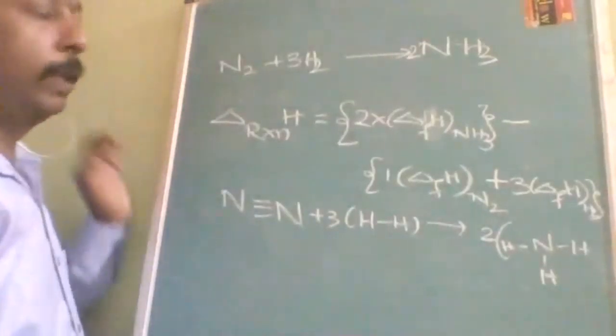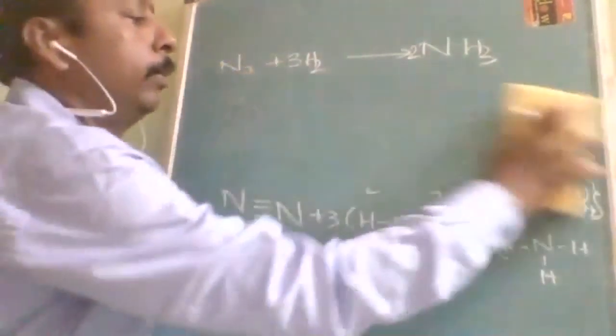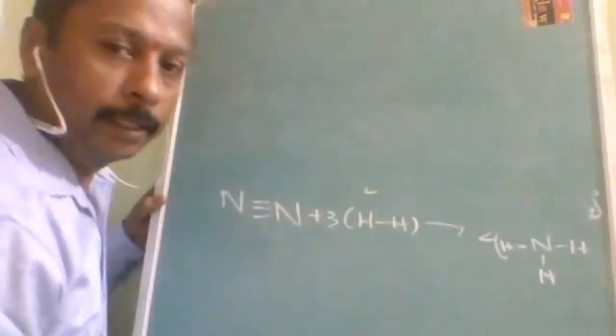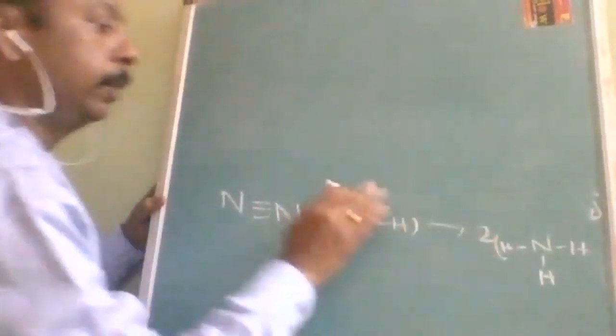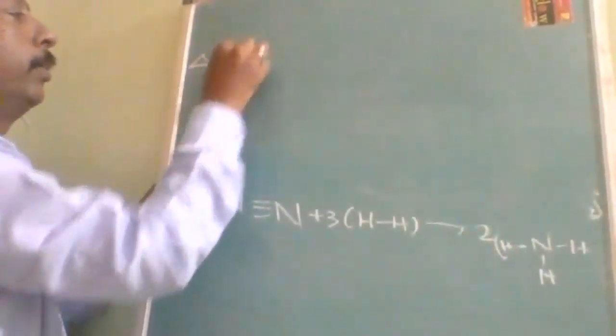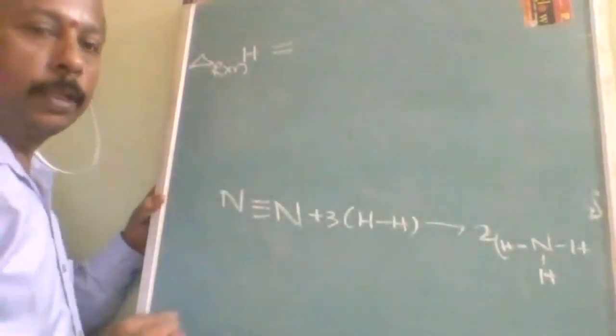Here we are only studying enthalpy of reaction, but the way of writing the formula is different now. The enthalpy of the same reaction is equal to reactant minus product, as I told you.